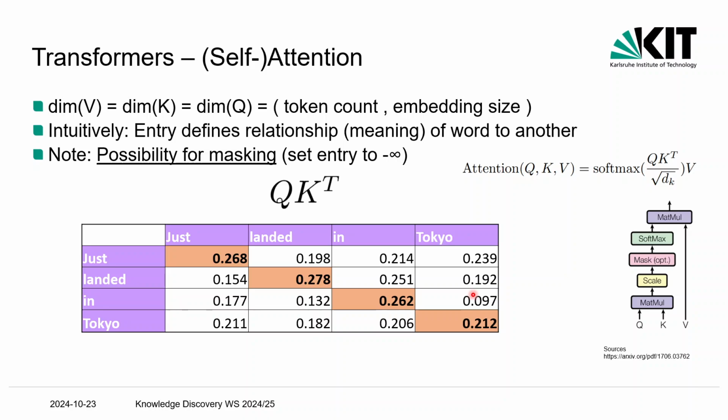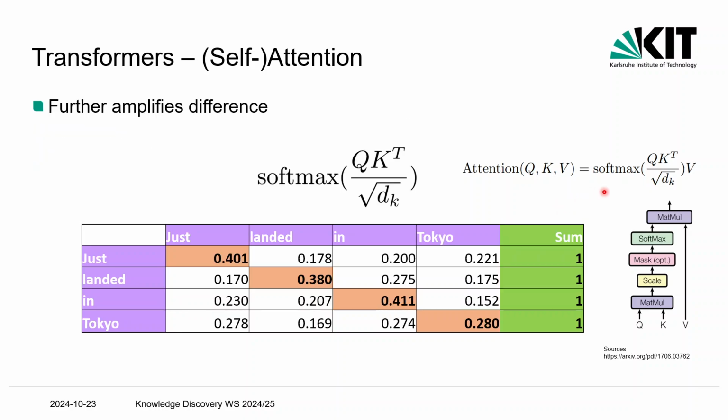And so we have these kinds of values here. What do we do next? We want to first divide it by the square root of dk. dk being 256 here. It's a constant factor, so I'm not going to go into too much detail there, but then we do the softmax on this matrix.